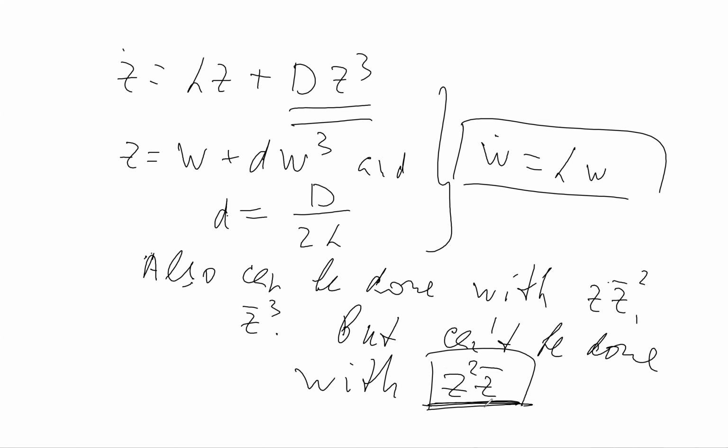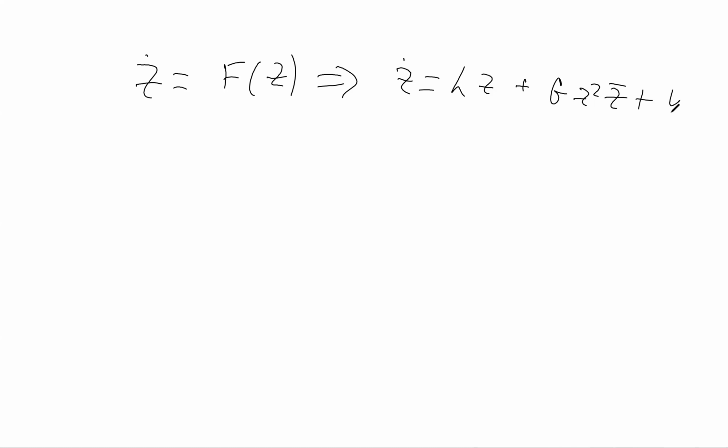So z dot equals, let's say, f of z can be transformed to z dot equals lambda z plus, I don't remember what it was, say g times z squared z conjugate, plus fourth order terms. And this term can appear in any of the changes of variables we did before.